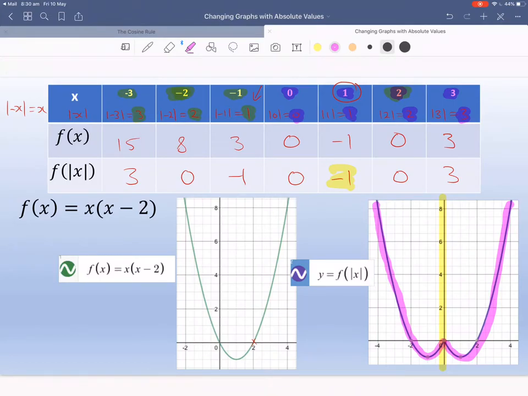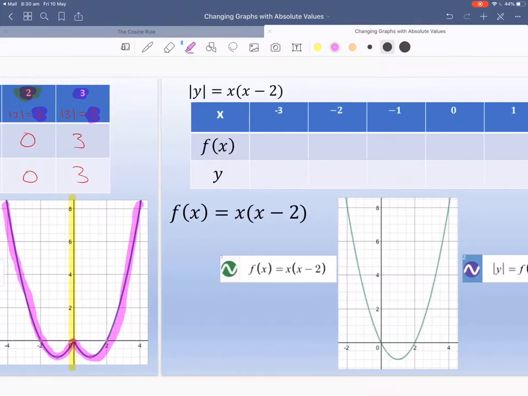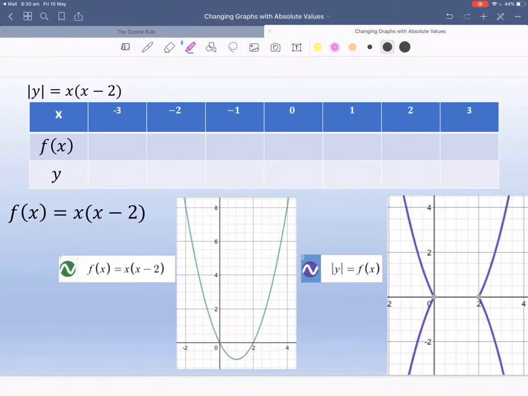All right, let's look at one last one, and probably the trickiest one to think about, but let's give it a go. Okay, so we've got the same function once again. So I'm going to fill out all these details: 15, 8, 3, 0, that was 0, -1, 3.